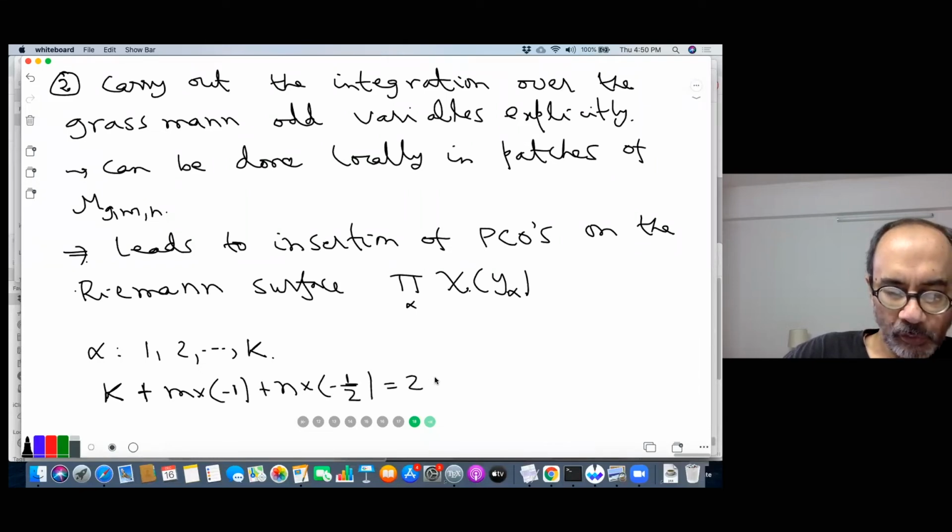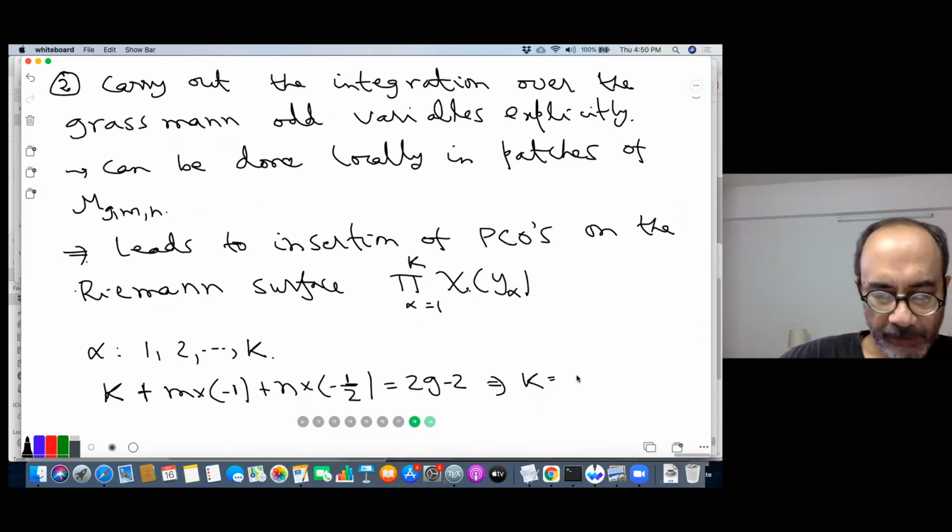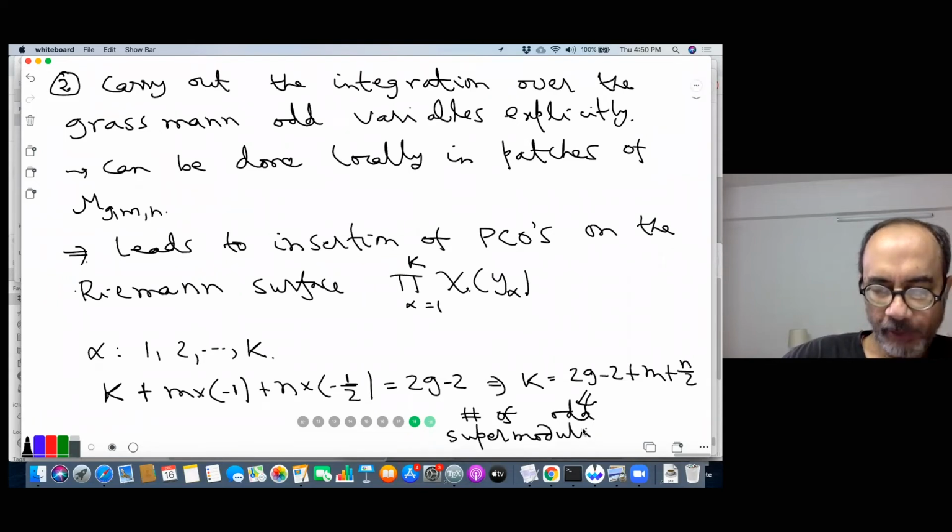So this should be equal to 2g minus 2. This means that k, the number of PCOs, with alpha equal to 1 to k, should be equal to 2g minus 2 plus m plus n by 2. And these are the number of odd supermoduli, where each supermoduli integral is supposed to bring down one PCO.